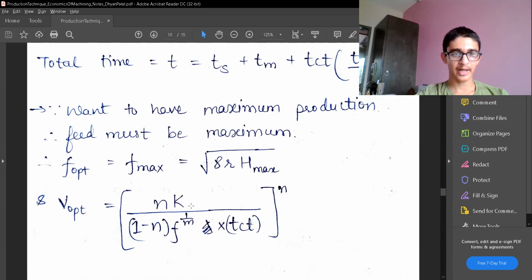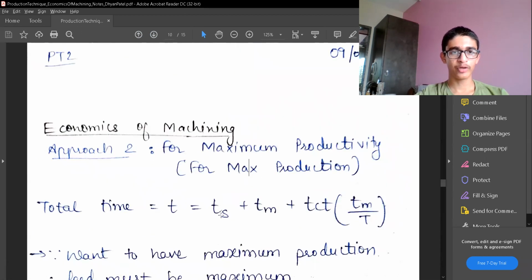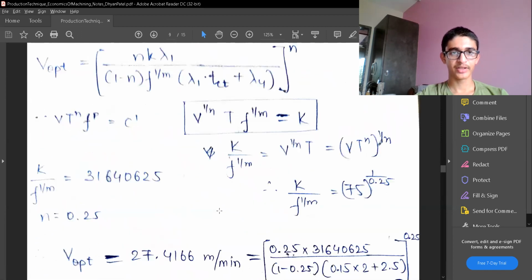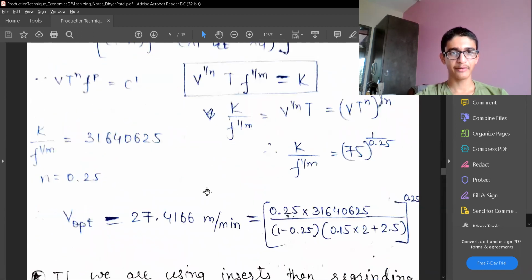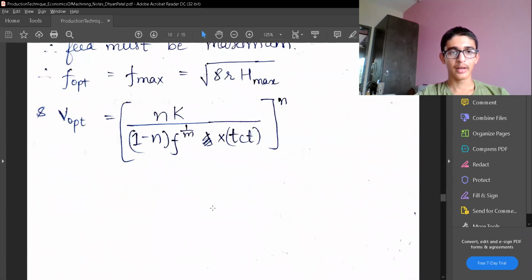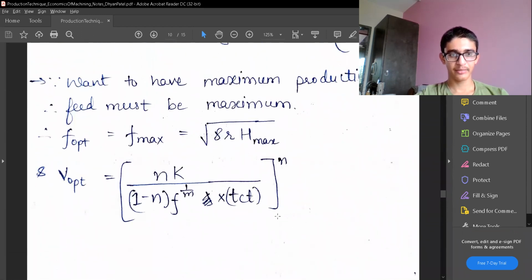The numerator had lambda 1 over here, and the denominator had a factor of lambda 1 TCT plus lambda 4. But the lambda 4 has not come into the picture over here, and the lambda 1 in the numerator and denominator have got cancelled. So we have only TCT over here.